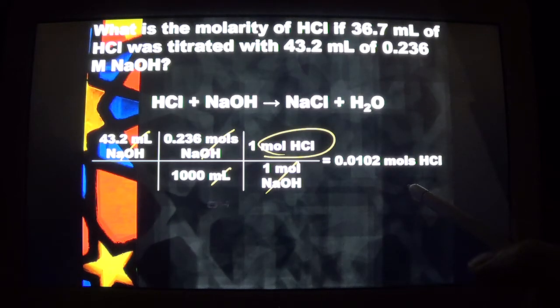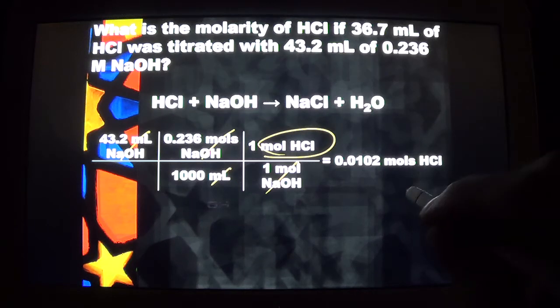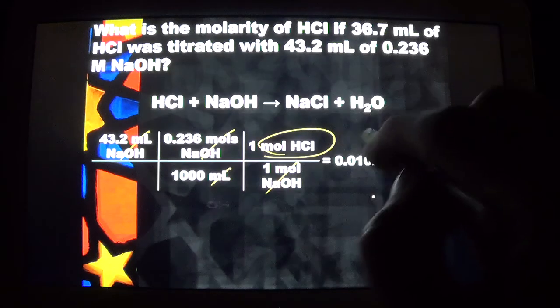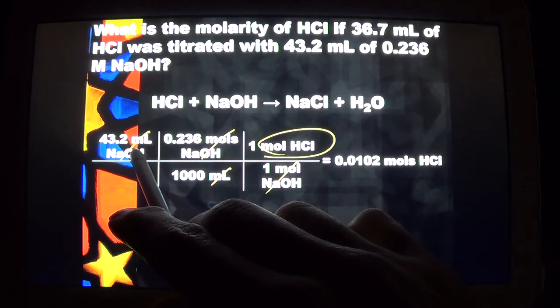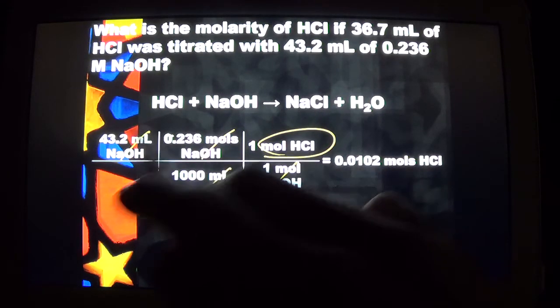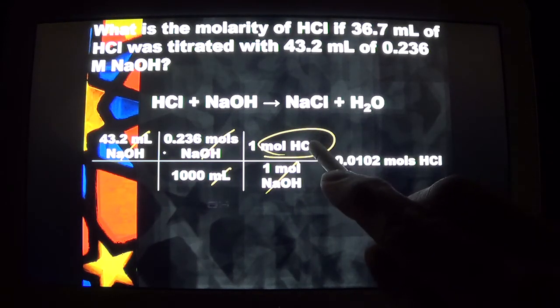I've stopped my railroad track when I've gotten moles of hydrochloric acid. I just multiplied, and I wanted to demonstrate you get the same answer if you do your volume times your molarity or molarity times your volume. That shouldn't matter. So get over that.